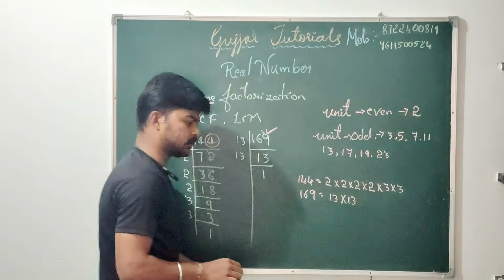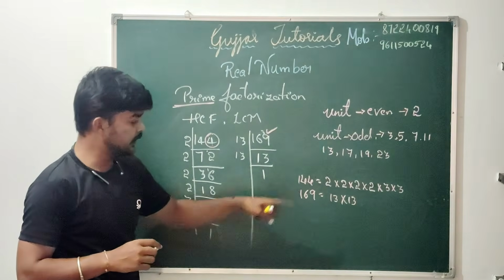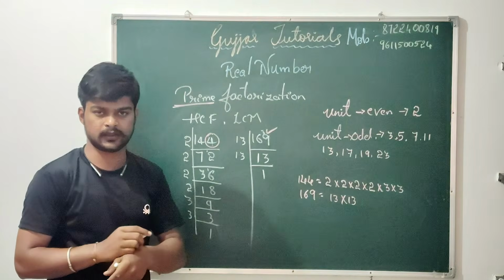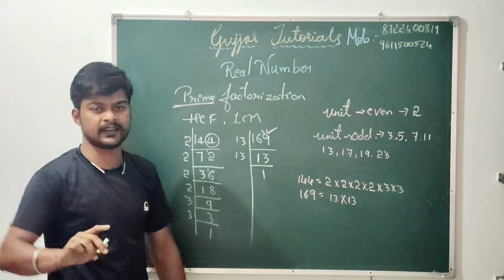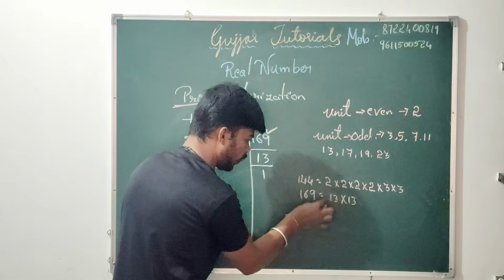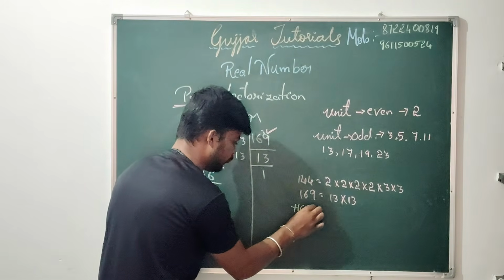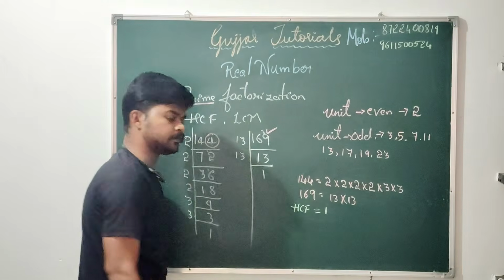Sir, we need to check here whether any common terms are there on both sides. If there are, then that is the HCF. We see no common term, no common term, no common term. So HCF will be 1.